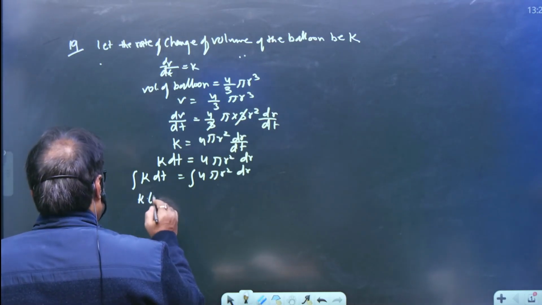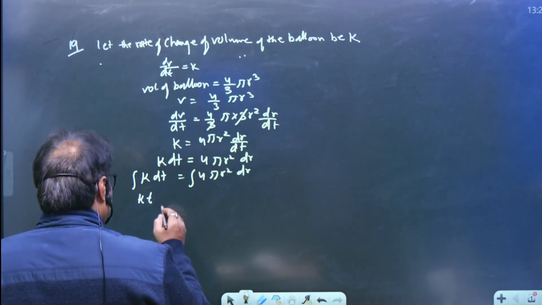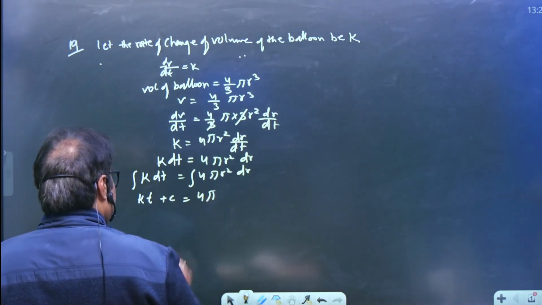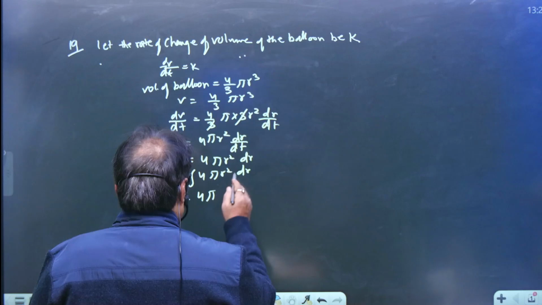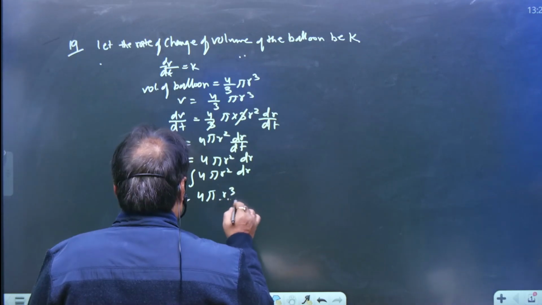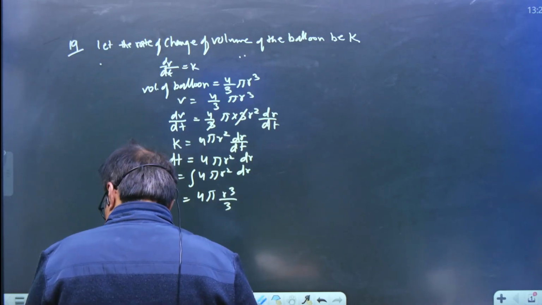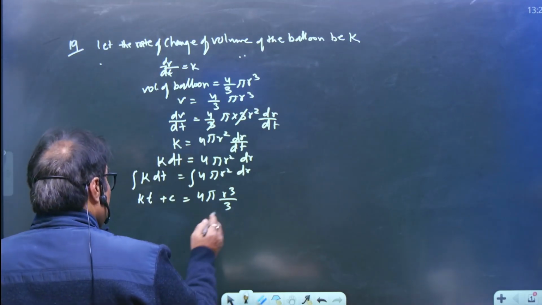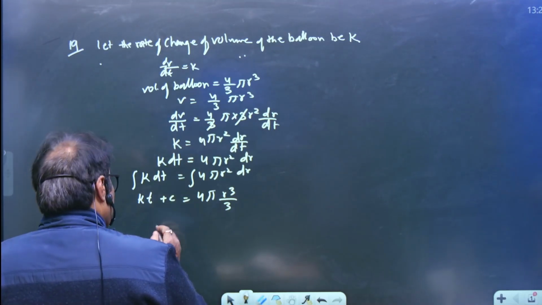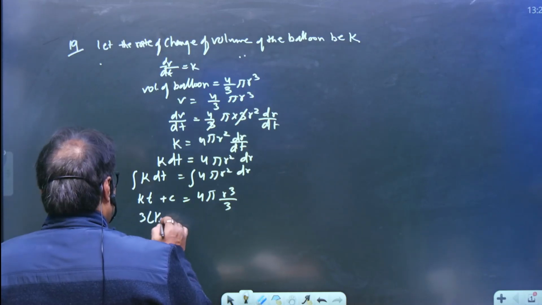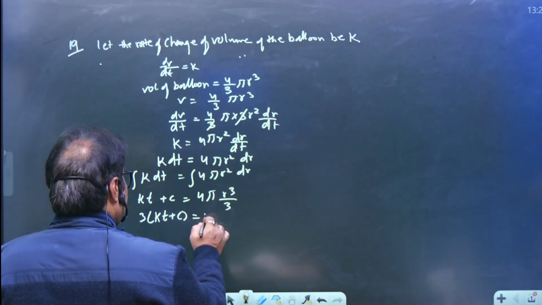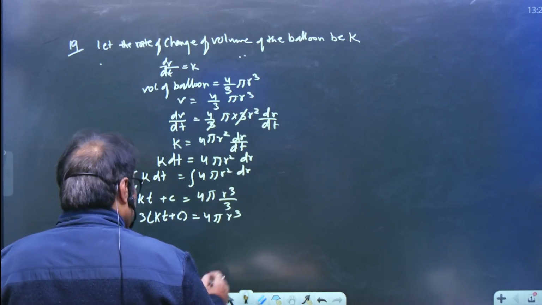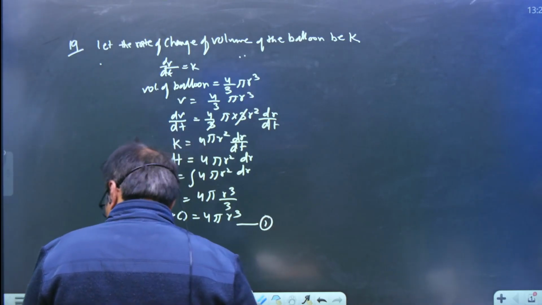So this is kt plus some constant c, and 4 pi is constant, and integration of r square will be r cube by 3. Okay, r cube by 3. So this is equal to 3 times (kt plus c) is equal to 4 pi r cube. So put this as result number 1.